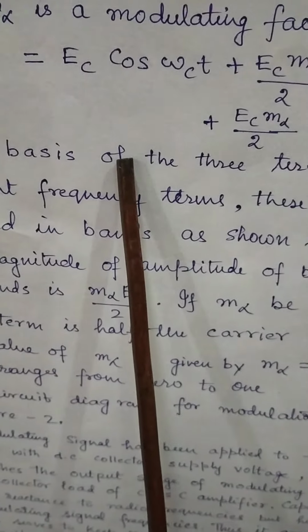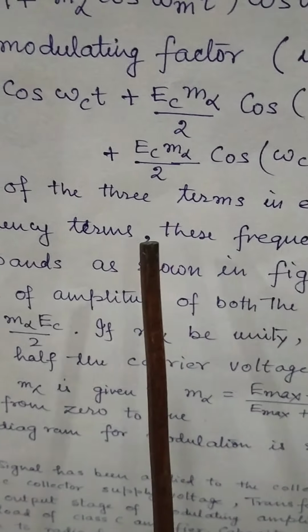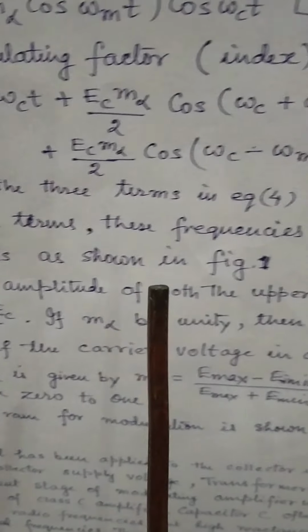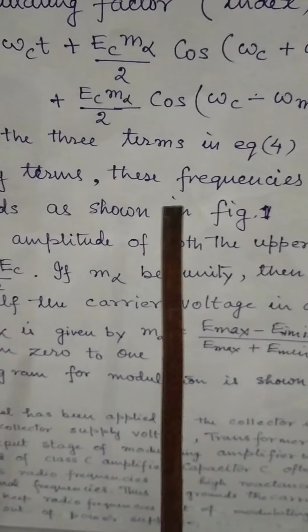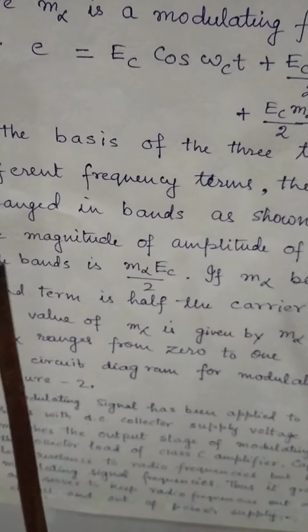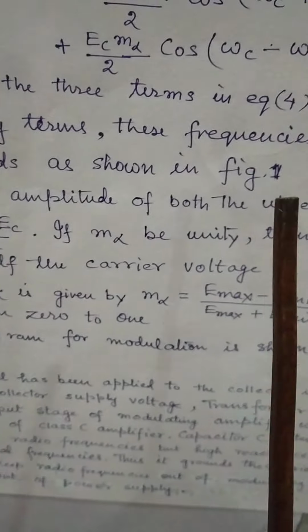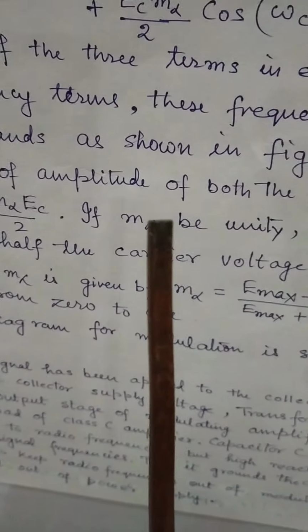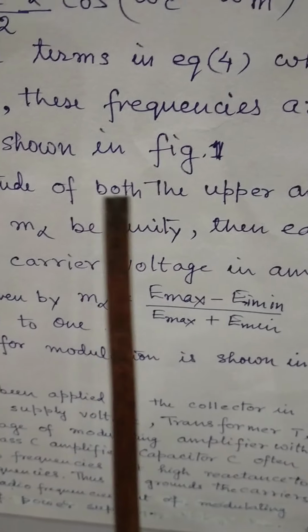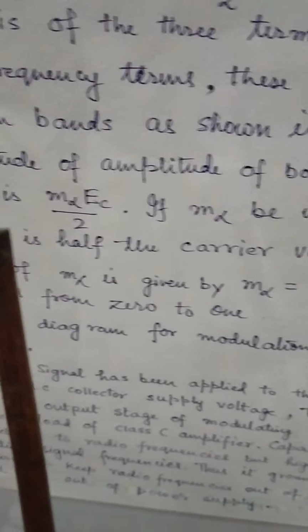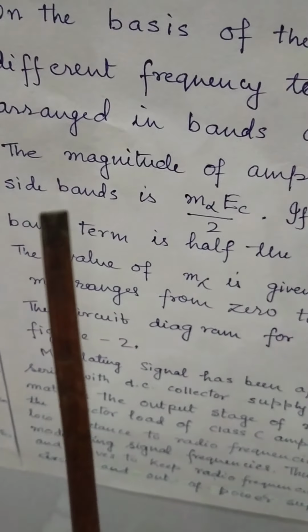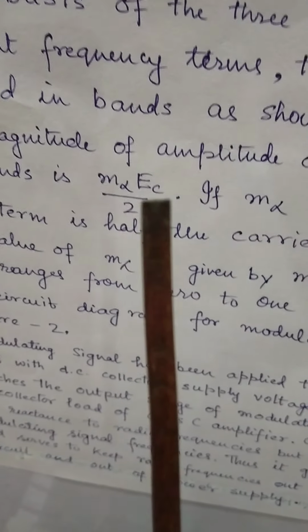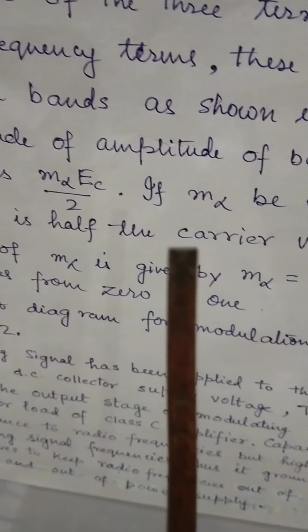On the basis of these three terms, we have shown that there are three frequencies, and we have shown them in figure 1. The amplitude of both the upper and lower side bands is m_α E_c / 2.